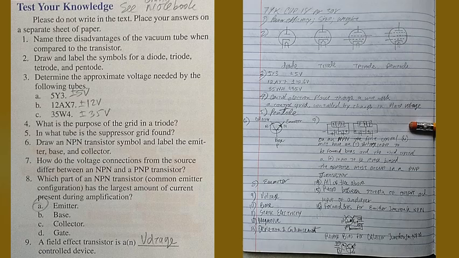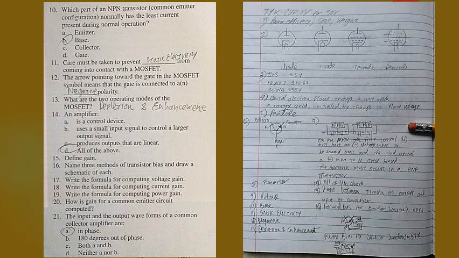Question 10. Which part of an NPN transistor, common emitter configuration, or CE configuration, normally has the least current present during normal operation? That is the base.